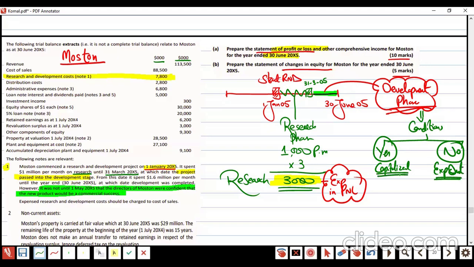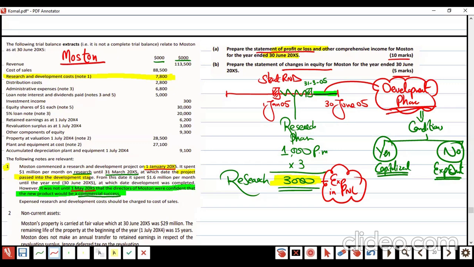The conditions are that it needs to be profitable, the feasibility, the money, the resources, all the company does have. Look, the directors are assuming that this is profitable when? 1st of May.